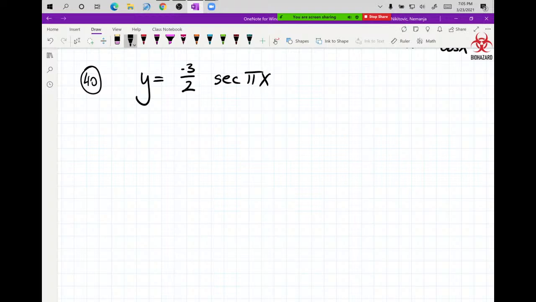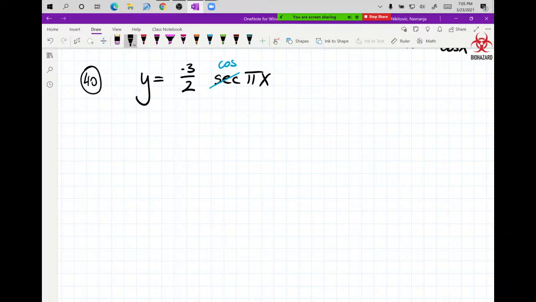That's the problem. Well, what you are going to graph is a cosine, and then you're just going to flip it. I'll show you how you flip it. So you are not going to do the secant. You are going to do the cosine, and then we're going to flip it.